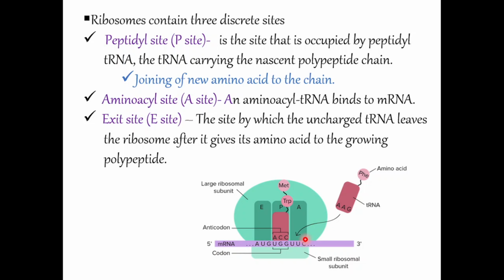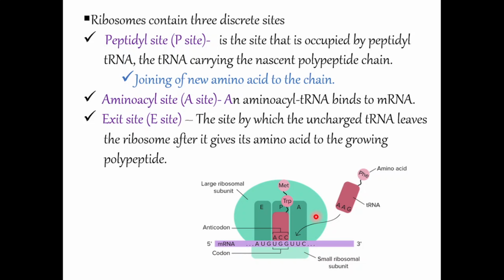The A site is the site at which the new amino acid transfer RNA binds to the messenger RNA. Mind you here, messenger RNA carries coded information. You know there is transfer RNA. Transfer RNA has an anticodon. That anticodon is very important to recognize a codon carried by messenger RNA.